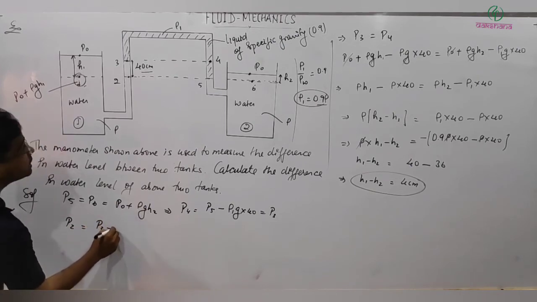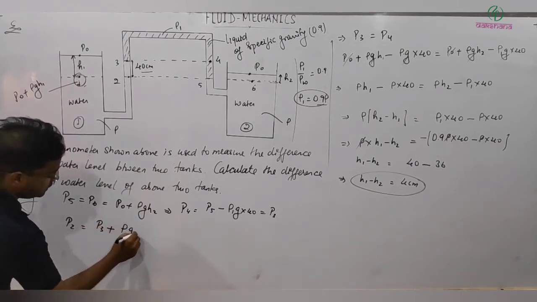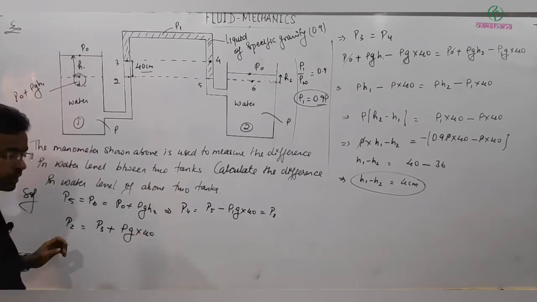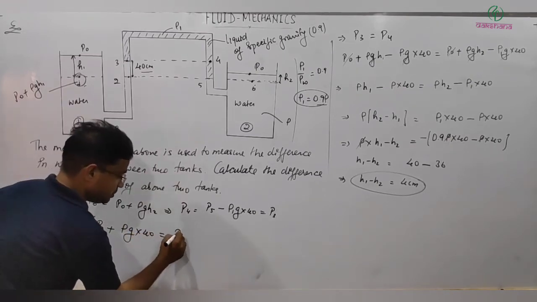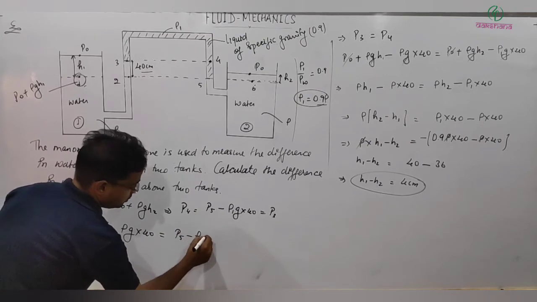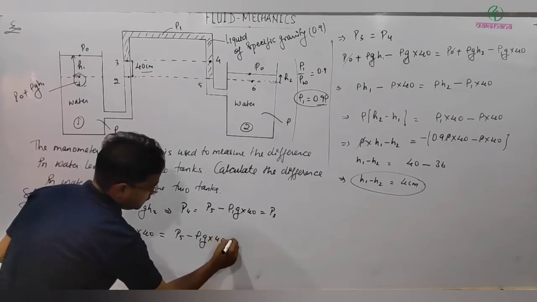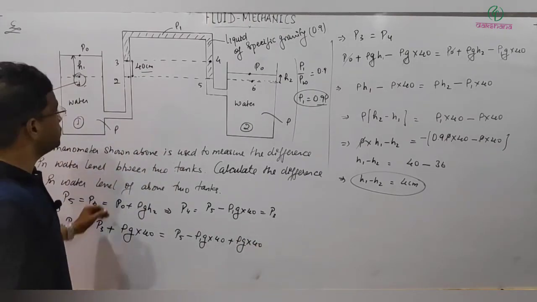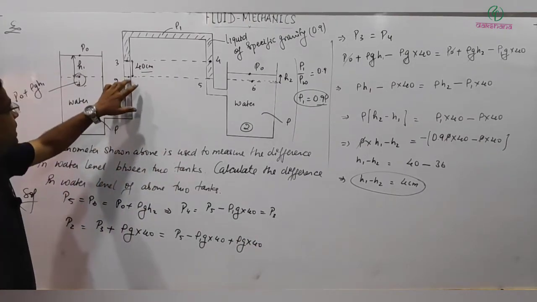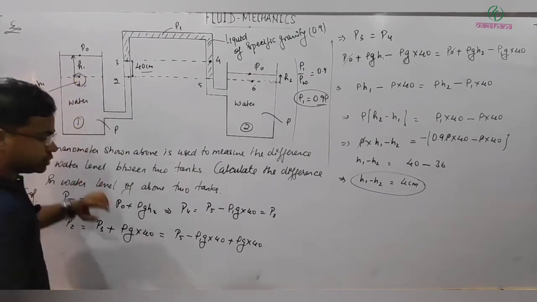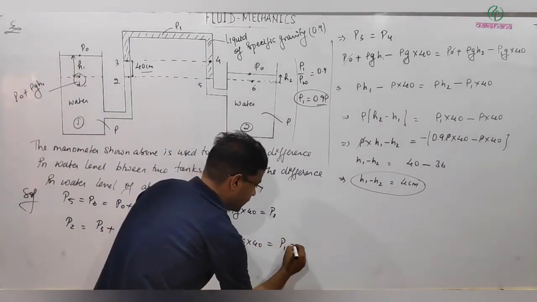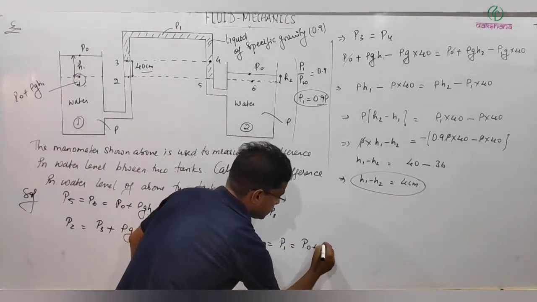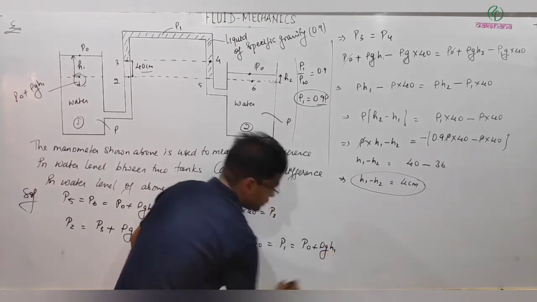P3 minus, this is plus rho g H, which is 40. So you can write it's P5 minus rho 1 g into 40 plus rho g into 40. So we got it up to P2, right? And P2 is equal to P1, and that is equal to P0 plus rho g into H1.